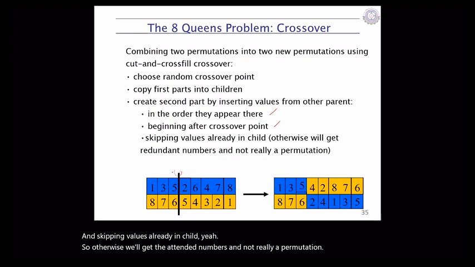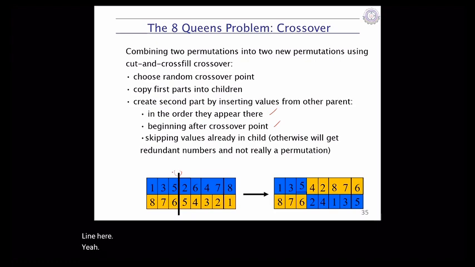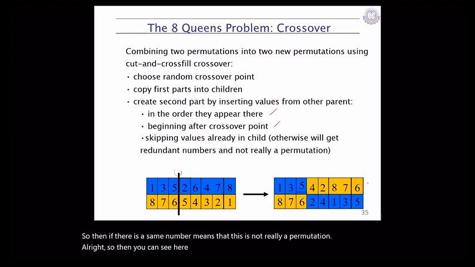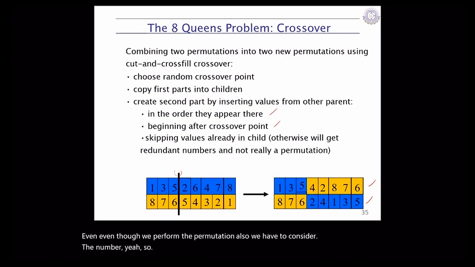So you have to make sure that there is no repeated number in the same row. If there is a same number, it's not really a permutation. As you can see here, there is no same number. The crossover should be for the different numbers.